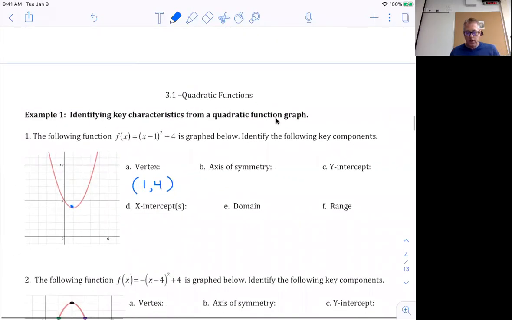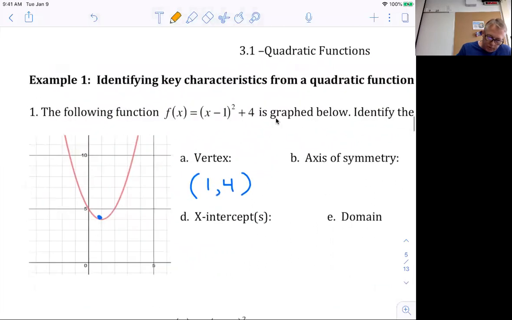There is the vertex. Now the axis of symmetry, that's the line that cuts it in half. So if you think about it like this, and I didn't draw that very well, sorry, this orange line cuts that graph in half.